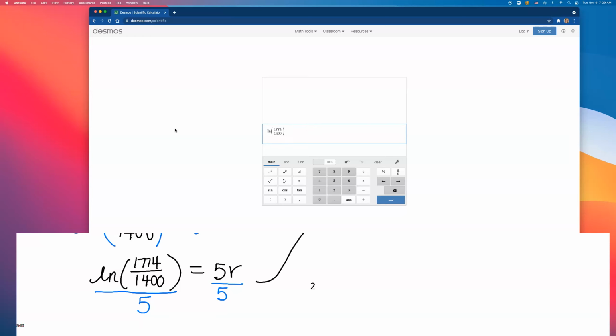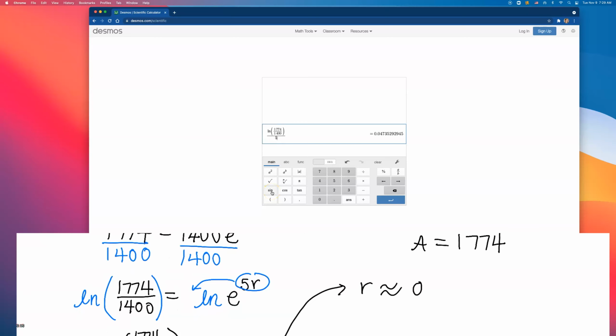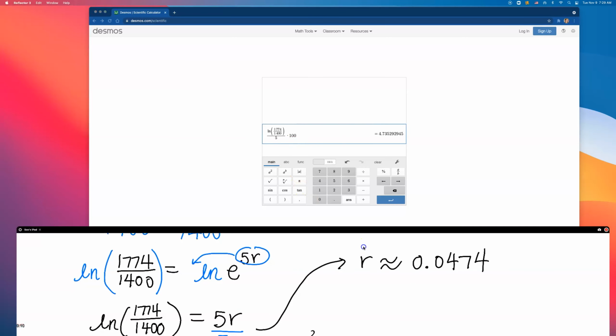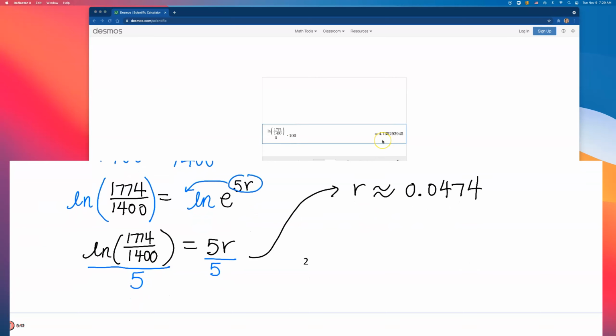So that's r. We found r. r is 0.0474. But if I want to convert this into percentage, I'll go ahead and just multiply by 100. They said round to the nearest hundredth of a percentage point. So the answer is going to be 4.74%.